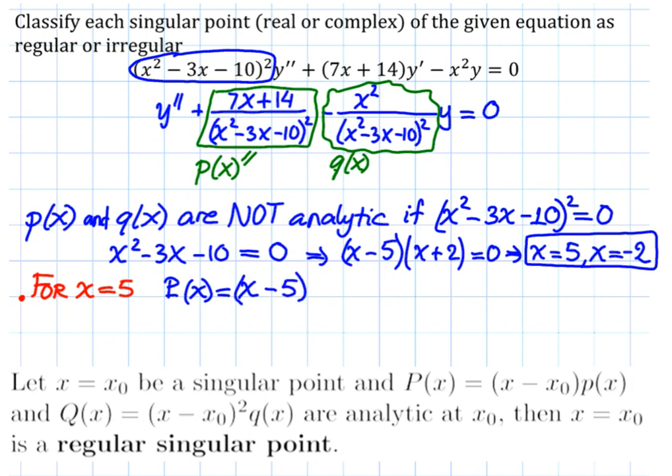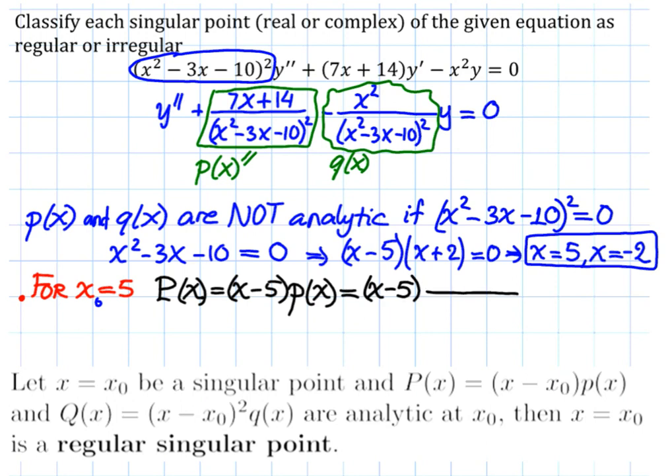So we have x minus 5 times little p of x, which is 7x plus 14. We can factor out 7, and we just have x plus 2.